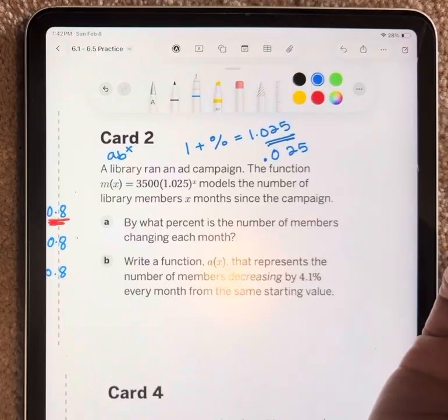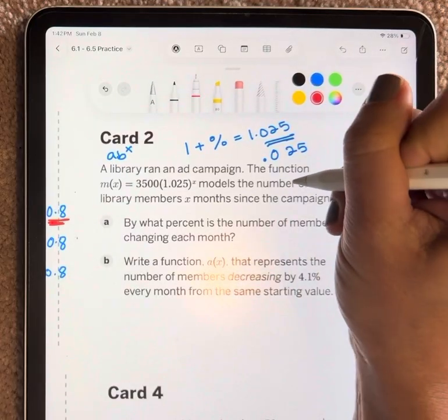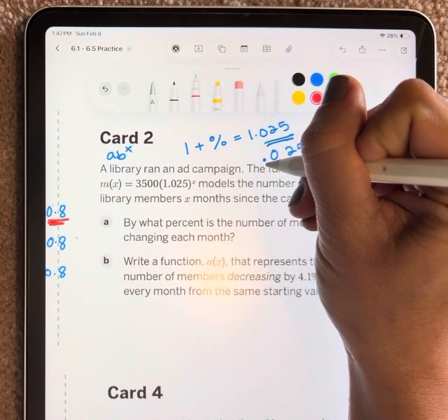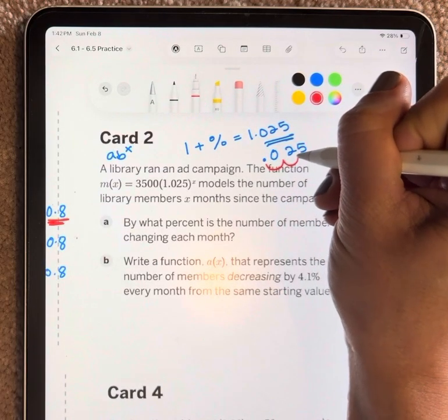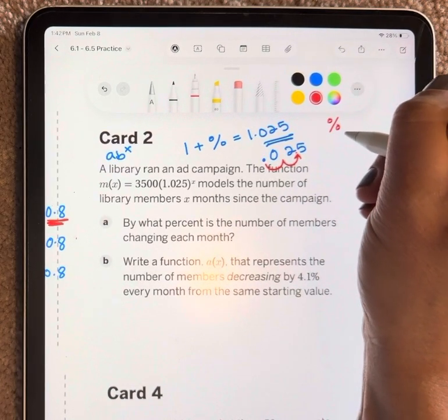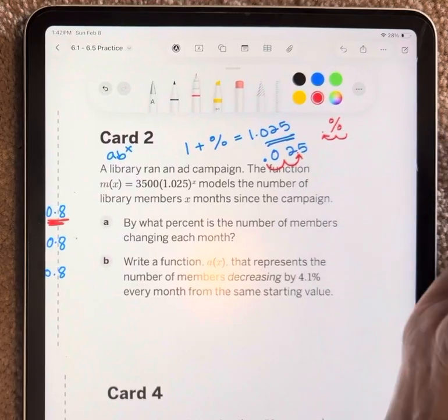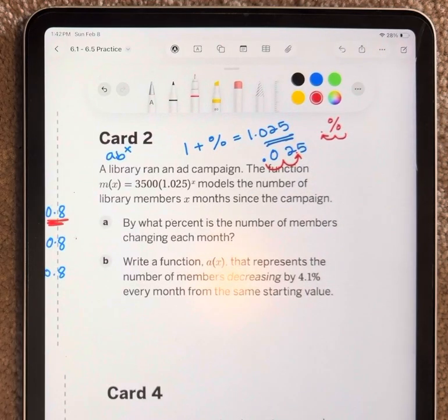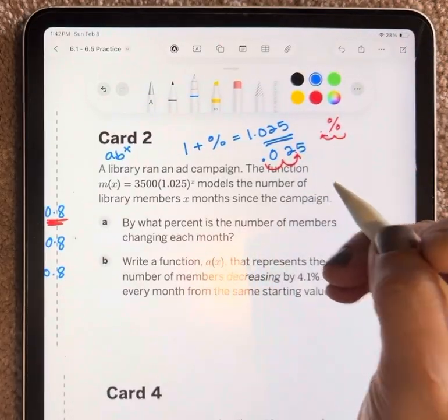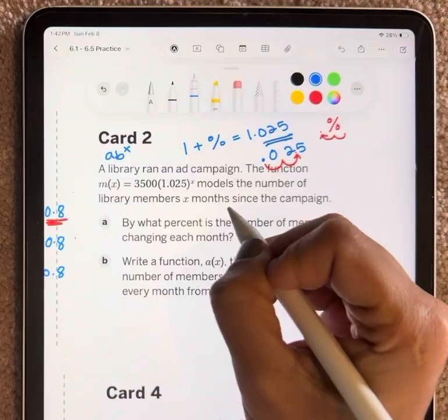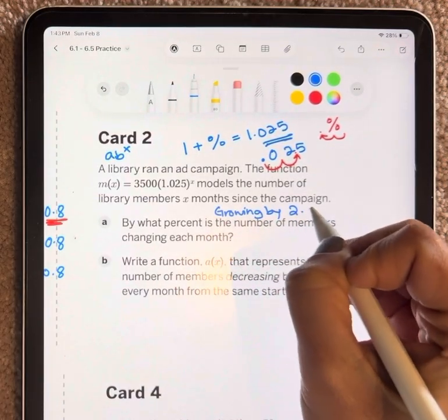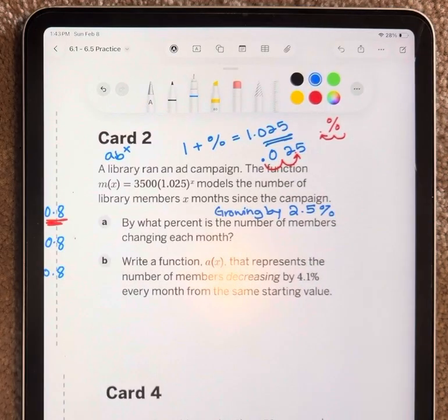And then as a percentage, if I want to understand how much this is growing by, I have to move the decimal twice to the right to turn this back into a percent. Because remember, when we have a percentage, we grab the decimal and we move it twice to the left. Well, now we want to get our percentage back. So we move the decimal twice to the right. And we get that this library situation is growing by 2.5%, okay, each month.